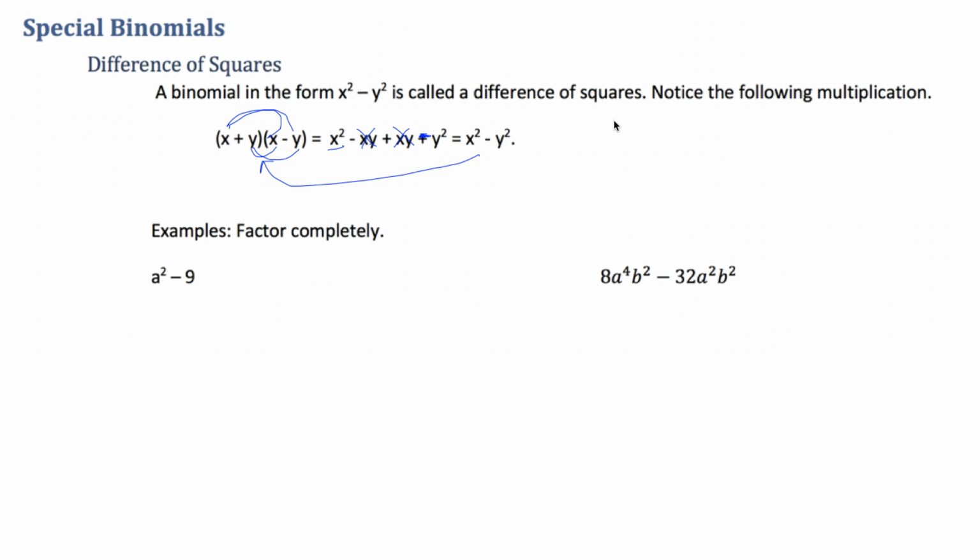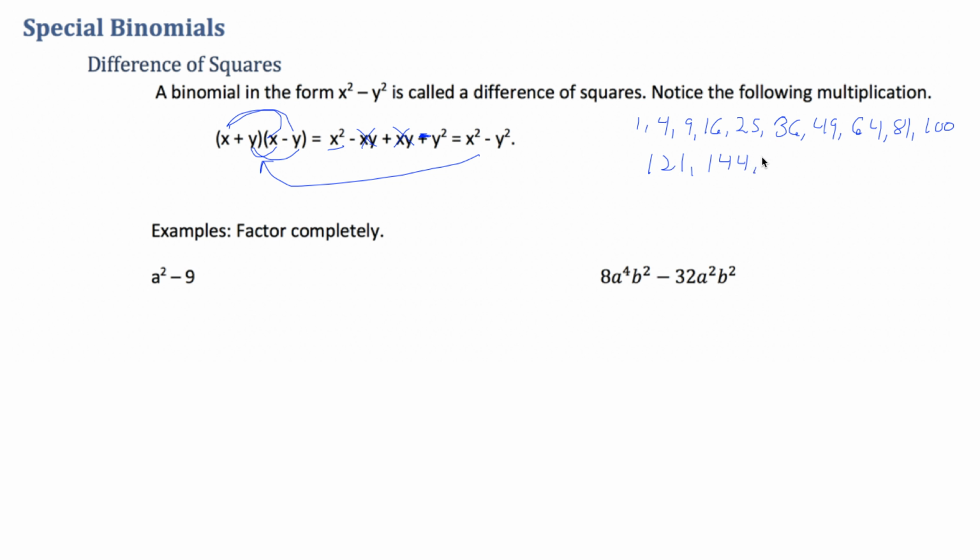So just a quick reminder, you should know your perfect squares. 1 squared is 1, 2 squared is 4, 3 squared is 9, 4 squared, 5 squared, 6 squared, 7 squared, so that's 11 squared, 12 squared.